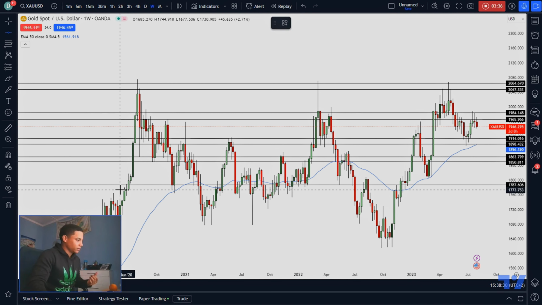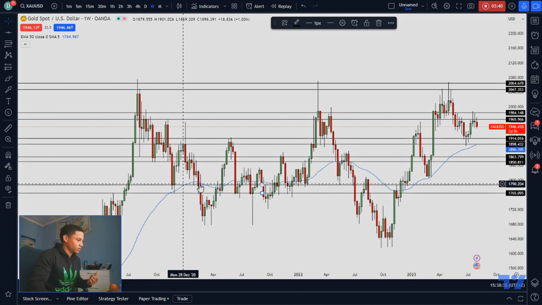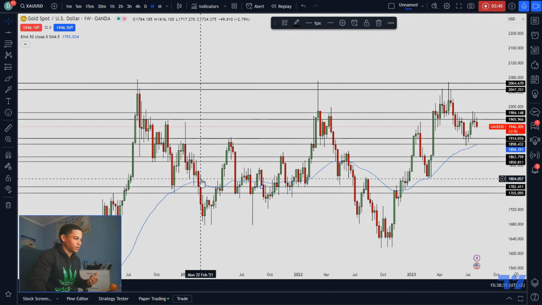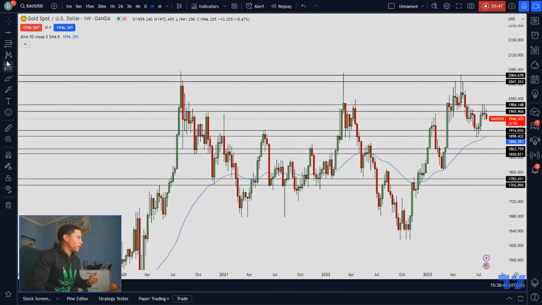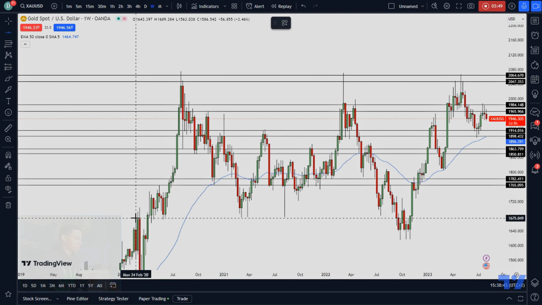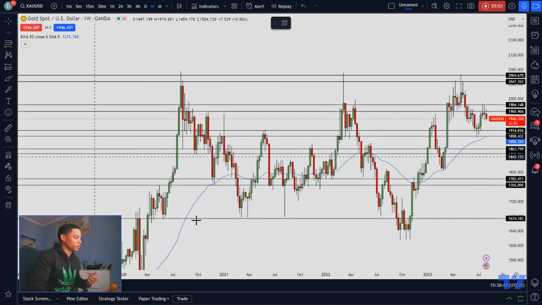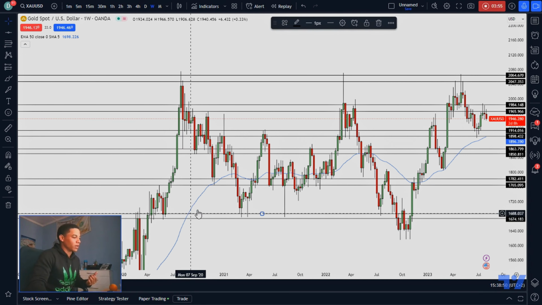Actually, let's move this one. I don't usually draw up all these zones, I normally draw zones with relevance to price.